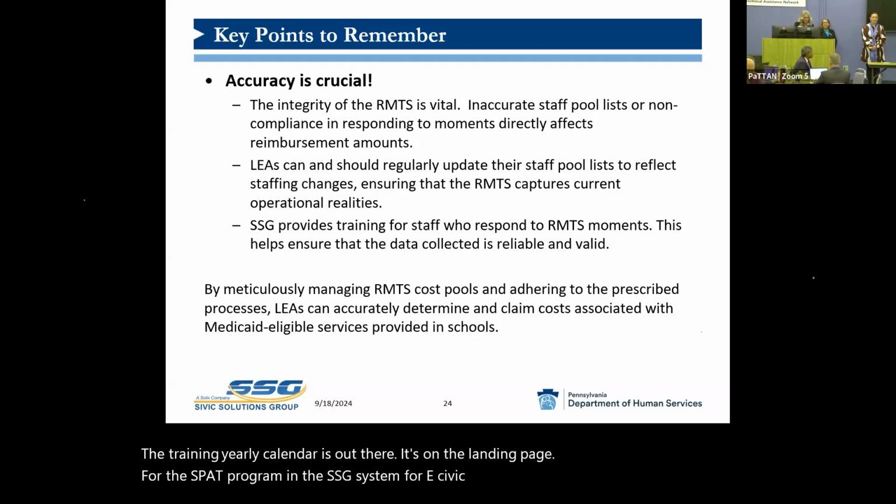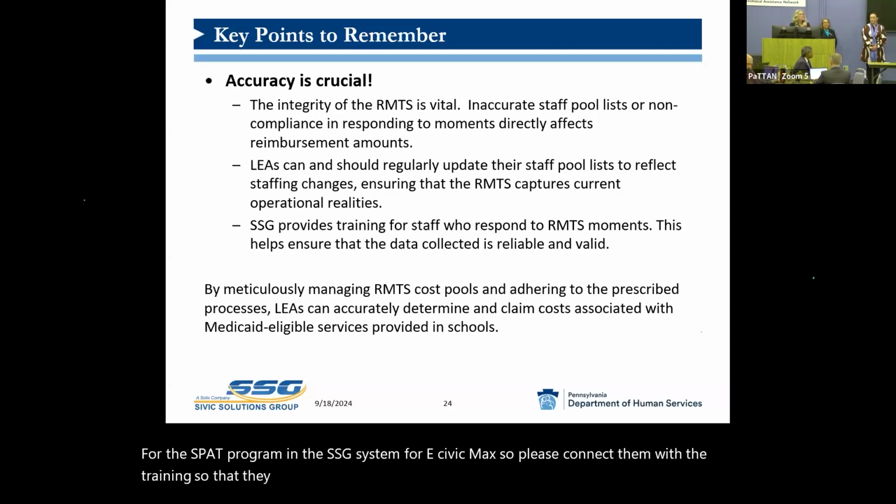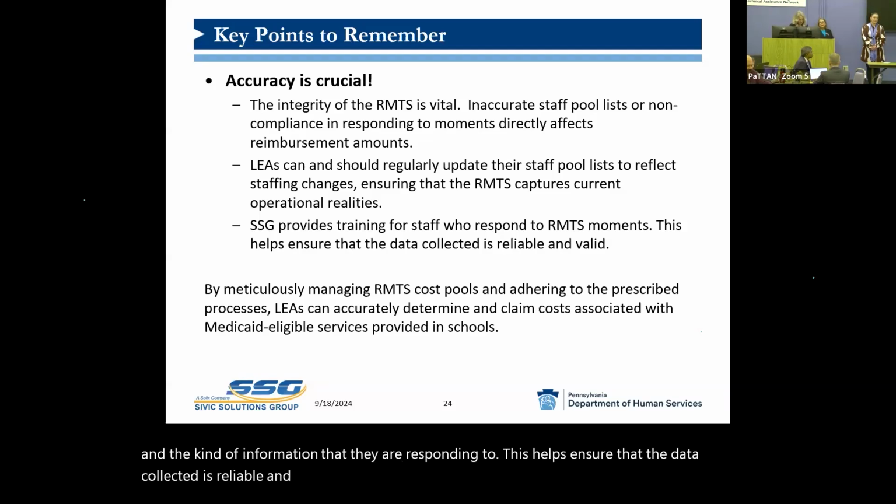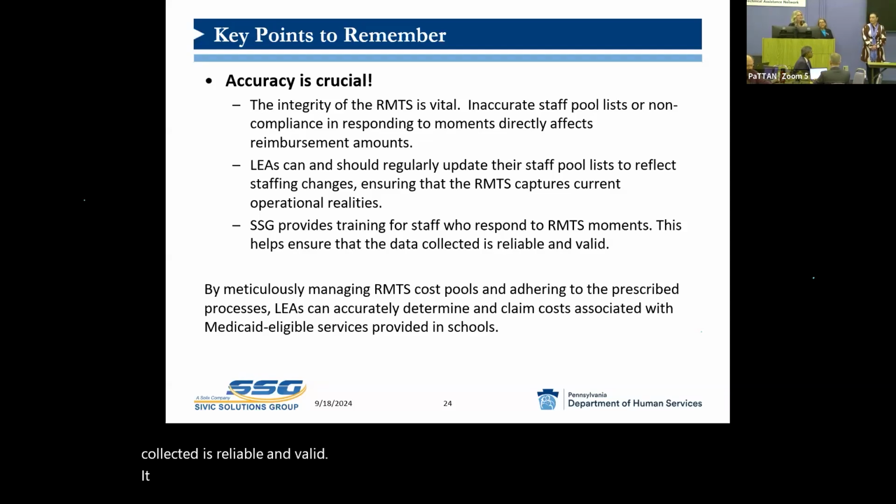So please connect them with a training so that they understand what the SBAP program is about, why they're being selected, and the kind of information that they are responding to. This helps ensure that the data collected is reliable and valid. It is important that these folks understand their responsibility.